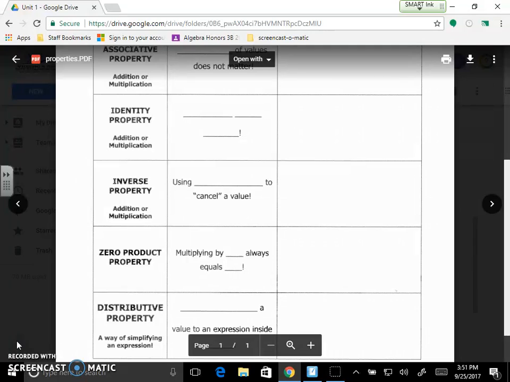Okay, so now we're going to look at the identity property of addition or multiplication. So basically this one, it stays the same.